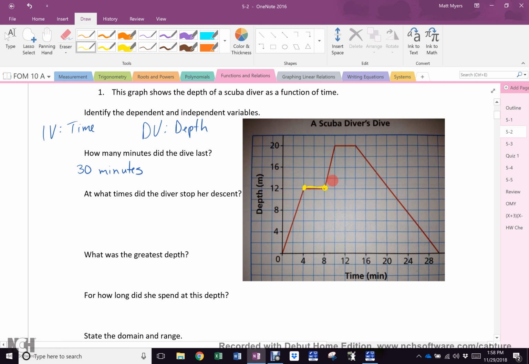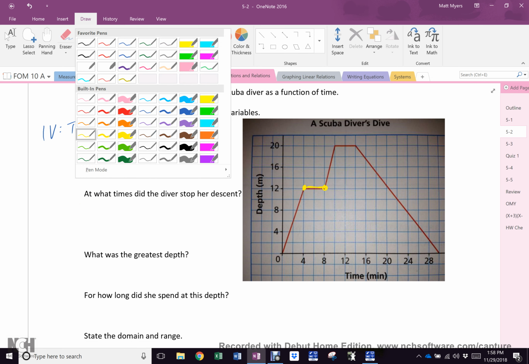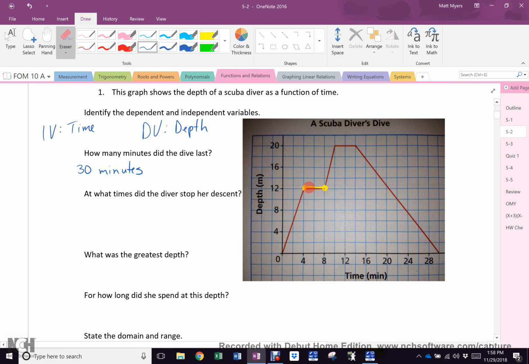Why is it 4 to 8? Right. 4 to 8 because time went on, but her depth did not change. When's the next time it happened? 10 to 14. Same thing. Time went on, depth didn't change. Everybody cool?